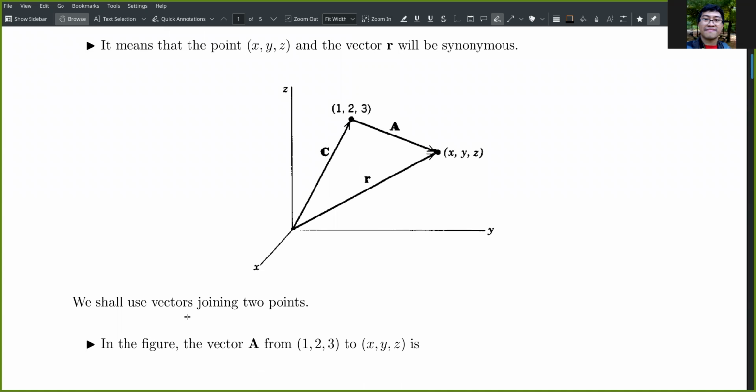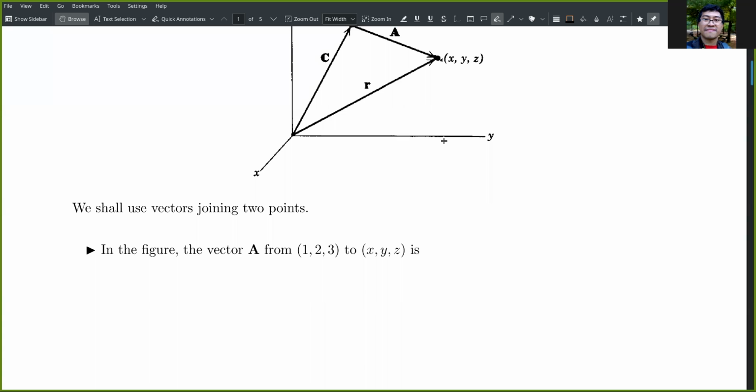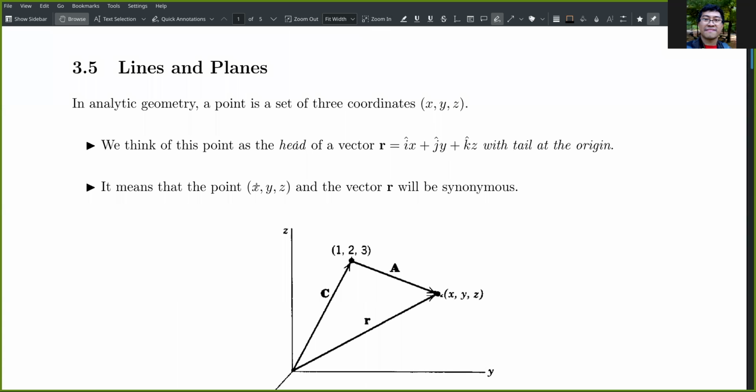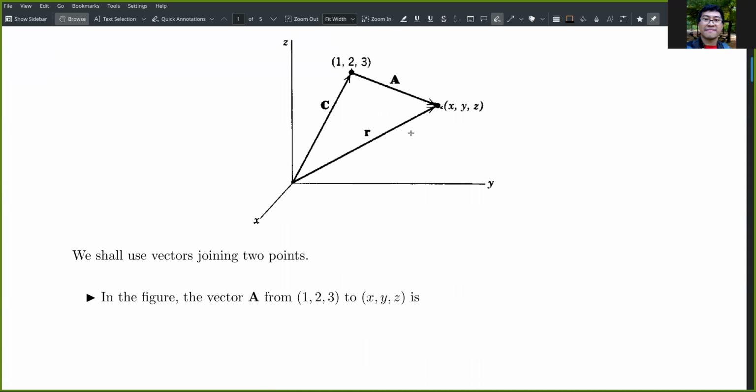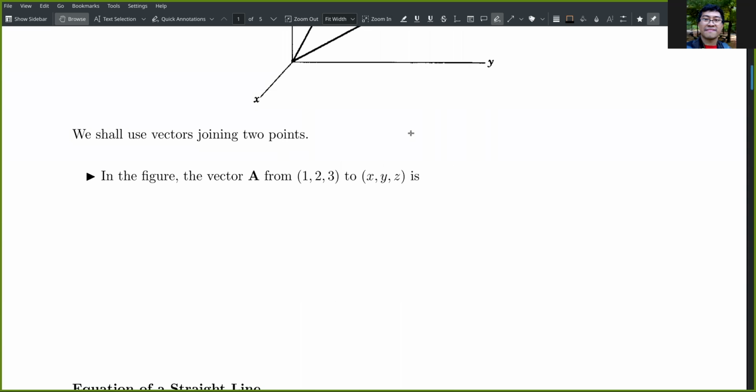We shall use vectors in joining 2 points. For example, if you want to join this point 1, 2, 3, and x, y, z, call it vector A, in our two vector notations here, as coordinates x, y, z, or as the sum of the unit vectors along x, y, and z direction.